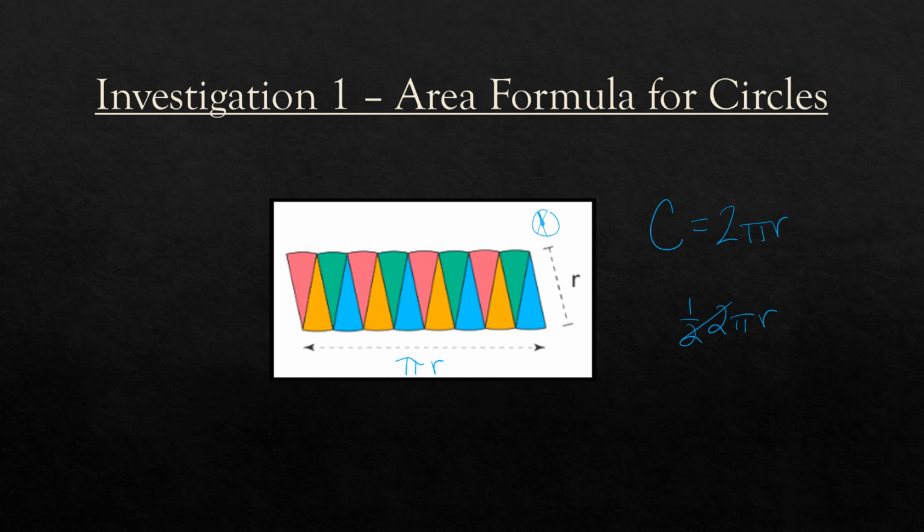So assuming this is more of a rectangle, we have the one side as an r and the other side as pi r. So the area of this would be r times pi times r. Well, 2 r's multiplied together would be r squared, so we'd have pi r squared.